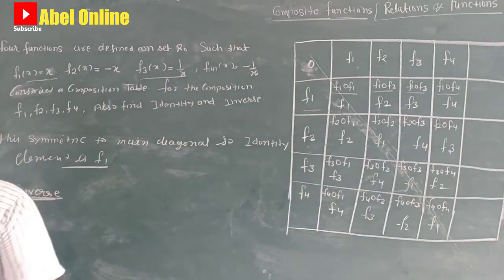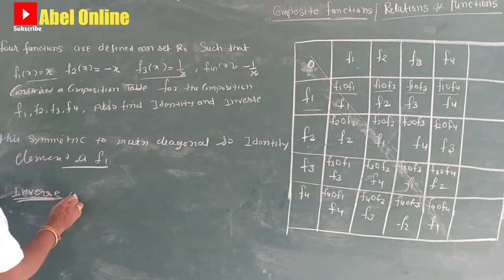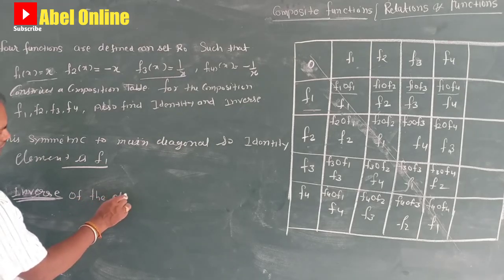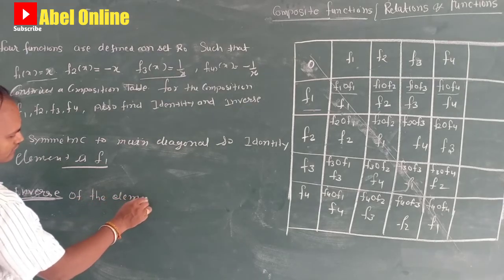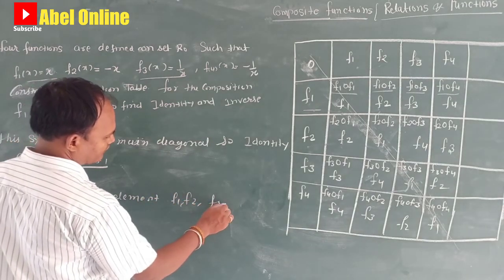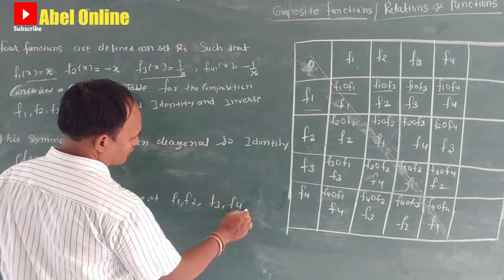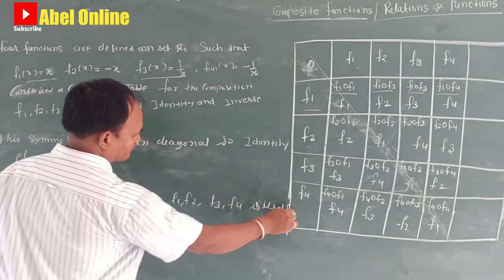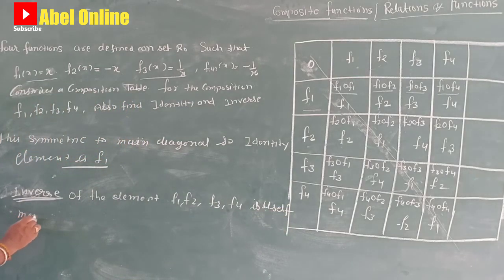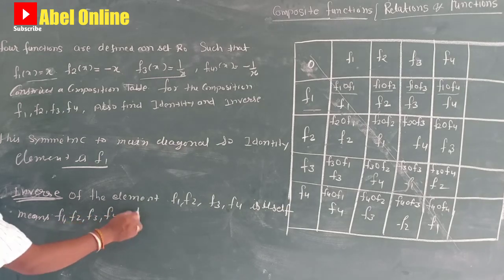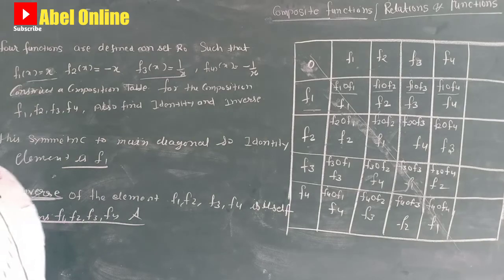So we can say that the inverse of each element f1, f2, f3, f4 is itself. So this is the answer.